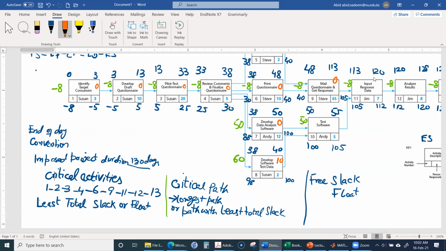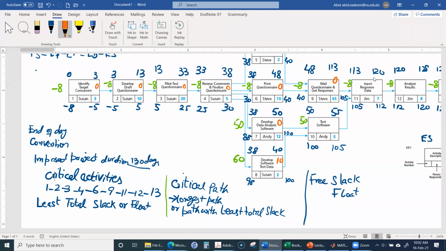Yes, there is some, because it is 55, and the next activity is starting at 113. So there should be a free slack. So 113 minus 55 is 58.